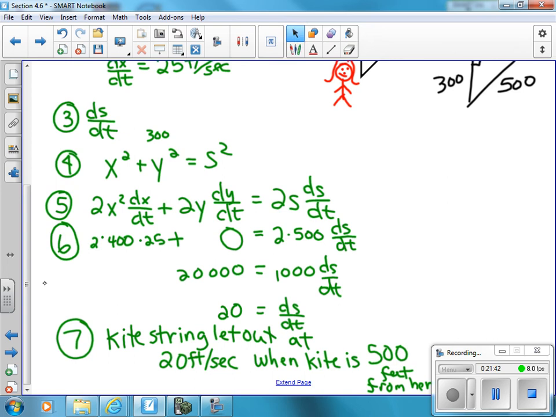Okay, and that's the end of our famous related rates problem. All 4 of them are famous, been around for hundreds and thousands of years.